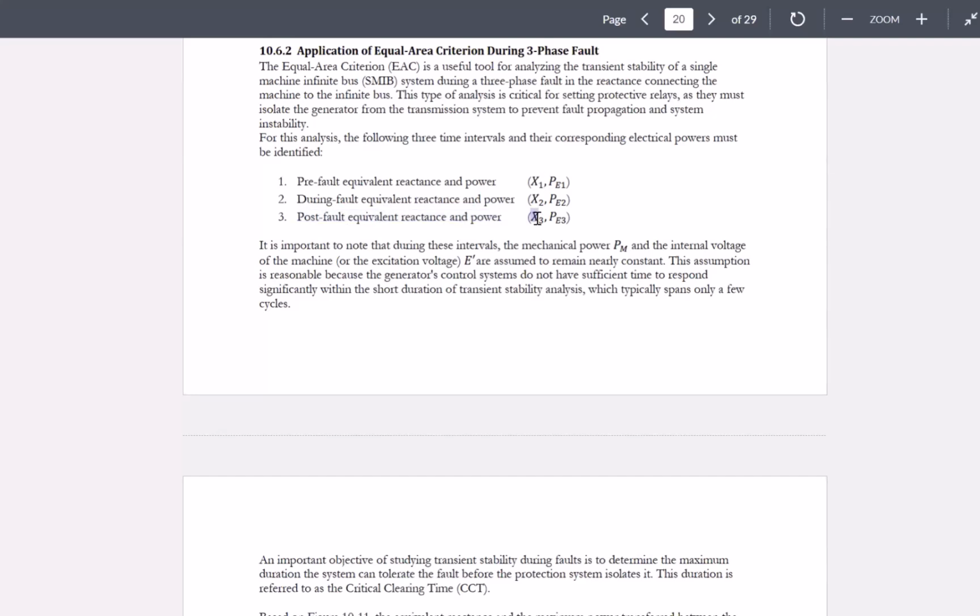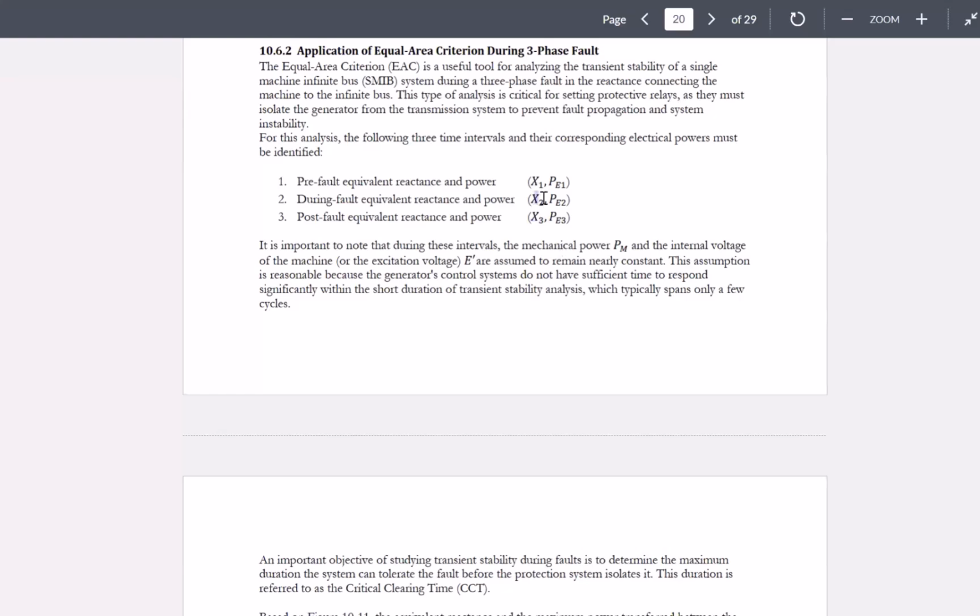But in general, the fault may not be temporary, which means you need to take out that line permanently until the crew comes for maintenance of the line. Okay, keep that in mind. X2 under extreme cases would be infinite. X3 under the best conditions would be a temporary fault, which means that X3 would go back to X1.